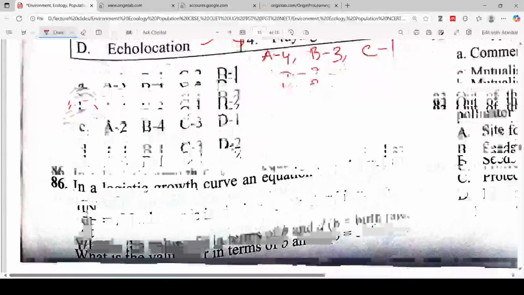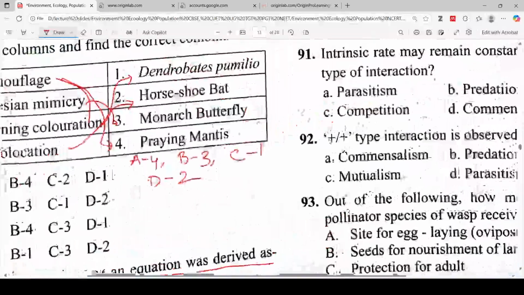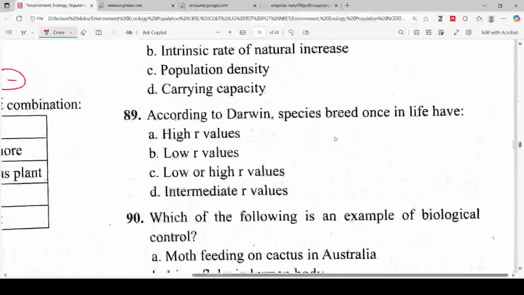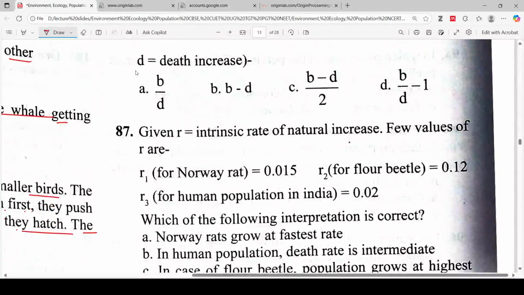Next question. In logistic growth curve, an equation was derived as dN by dt equal to rN, where r is intrinsic rate of natural increase. What is the value of r in terms of B and D? So B is birth rate, and D is death rate.